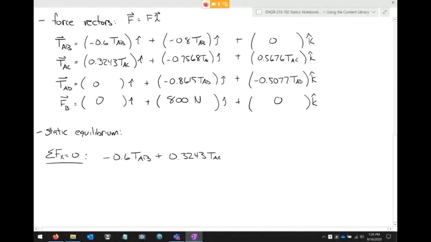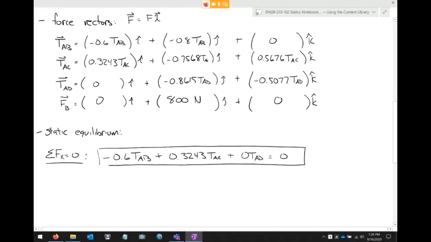And then this might seem a little silly, but you'll see why I'm doing it. Plus 0 TAD is 0. The reason I'm writing it like that is because there are 3 unknowns, the TAB, the TAC, and the TAD, and so at least I have it written out. Okay, there's a 0 on that term, and you'll see why here in a second.